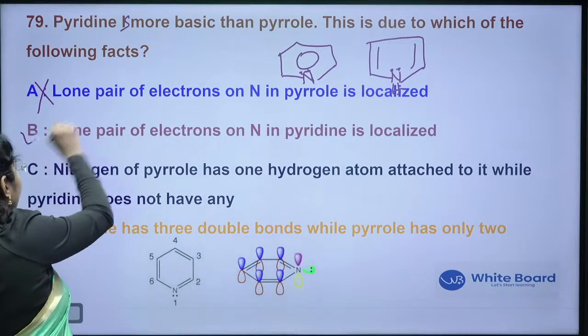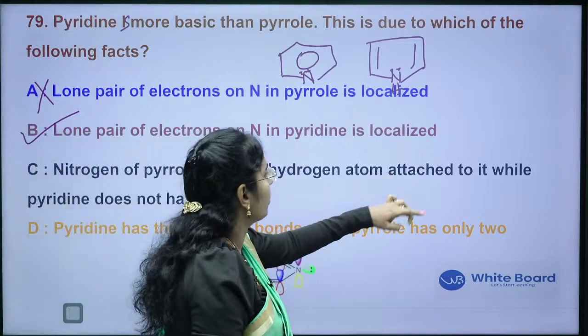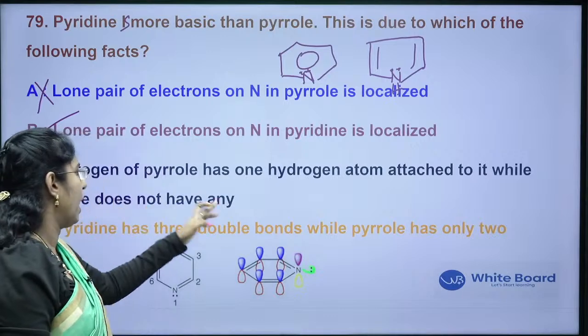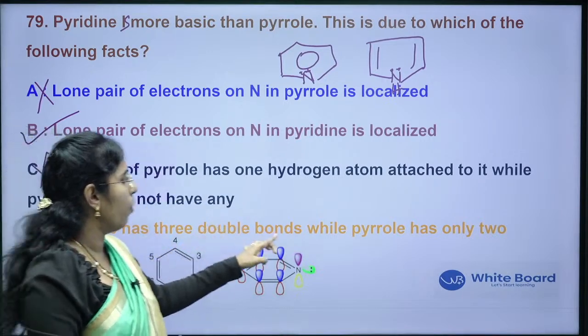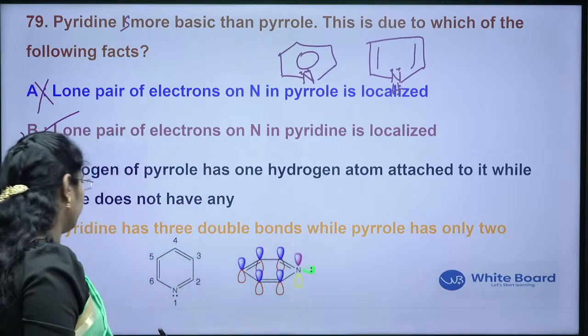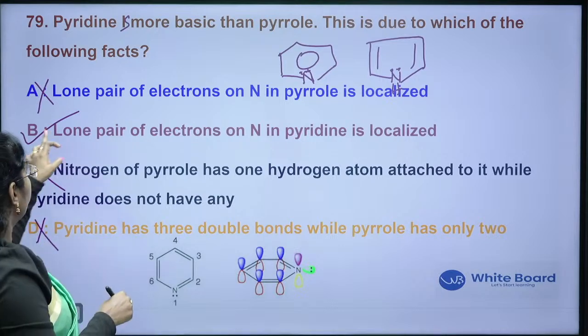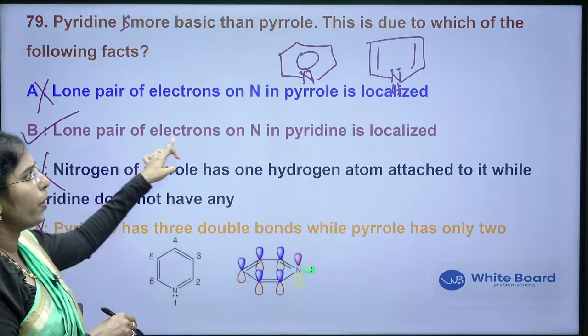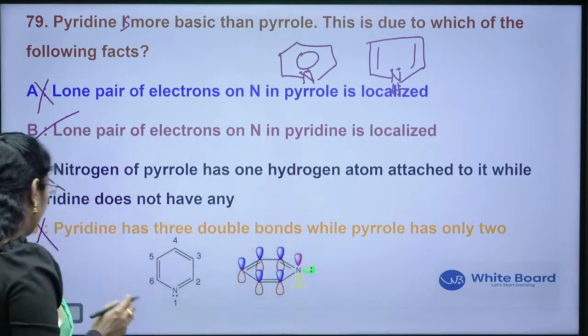So, this is the correct answer. Nitrogen of pyrrole has 1 hydrogen atom attached to it, while pyridine does not have any. No, this is also a wrong option. And pyridine has 3 double bonds while pyrrole has only 2. That is also not the exact answer here. So, the exact answer is lone pair of electrons on nitrogen in pyridine is localized.